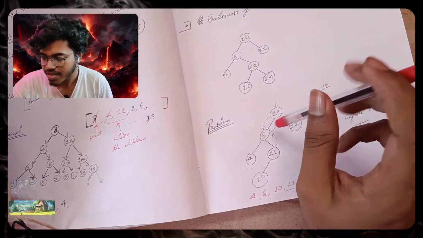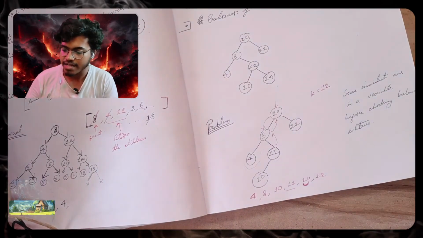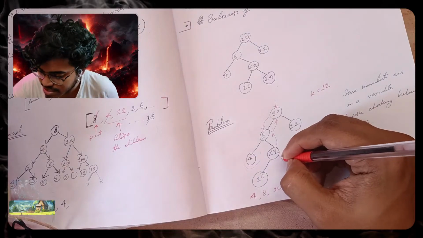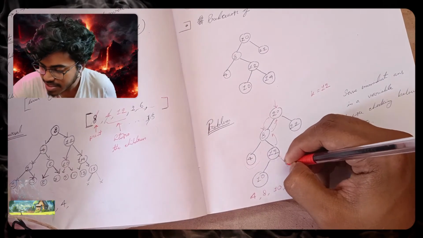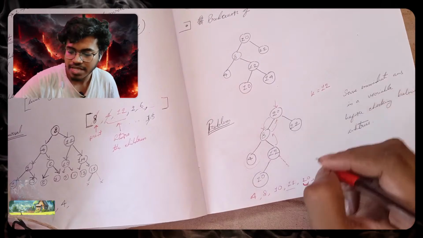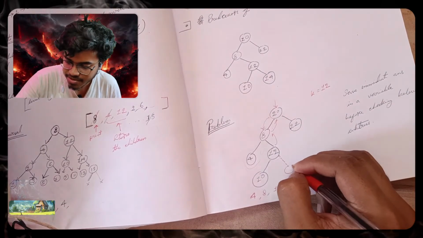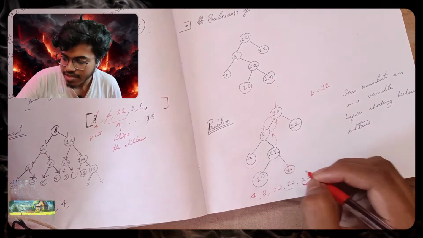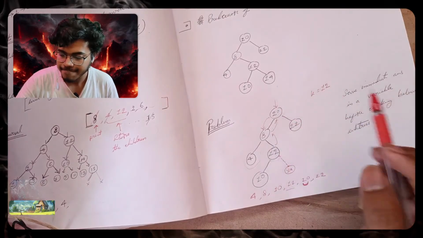Yeah, we have to check further for the right subtrees. It may exist, we don't know it yet. Suppose it has a right subtree called 14, like over here, right?